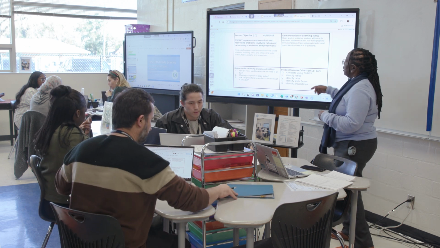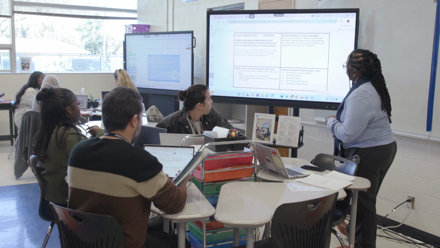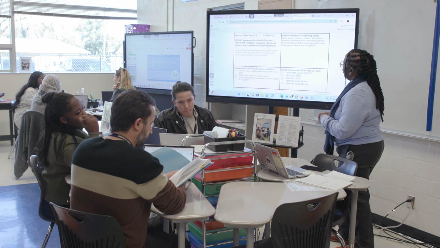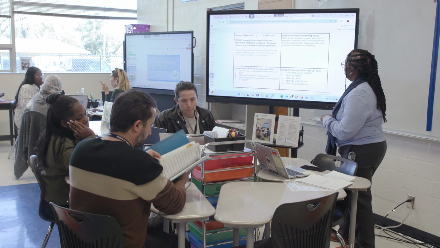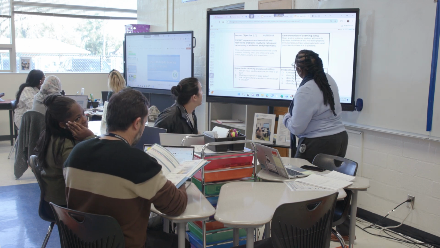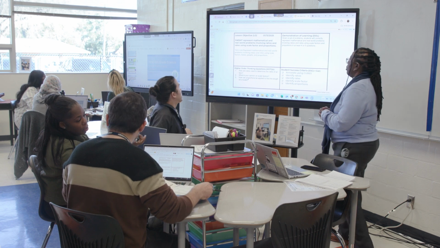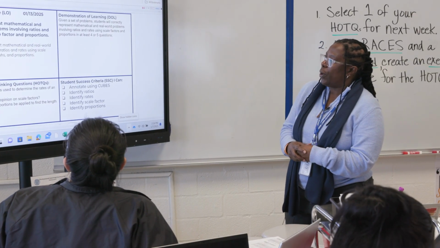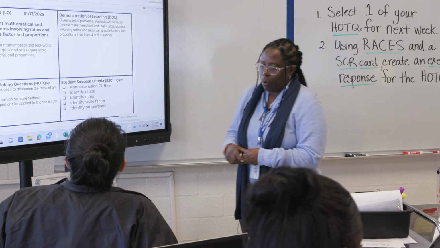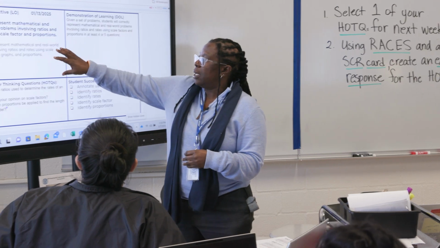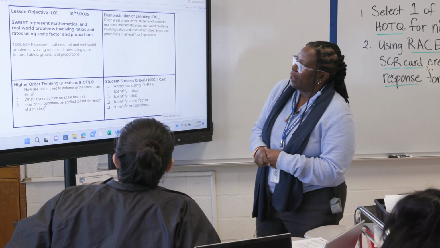So let's look at Monday. So we have the LO: student will be able to represent mathematical and real world problems involving ratios and rates using the scale factor. Yeah. So remember that this here needs to be annotated also. So make sure that we annotate that.